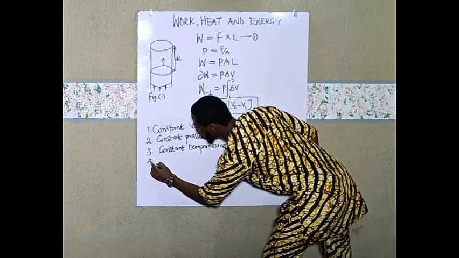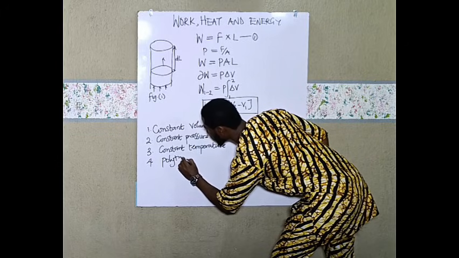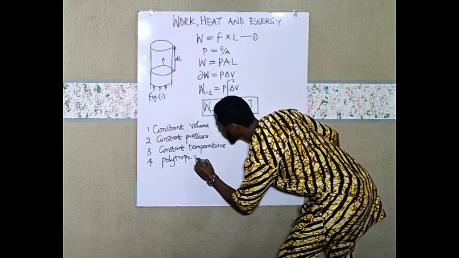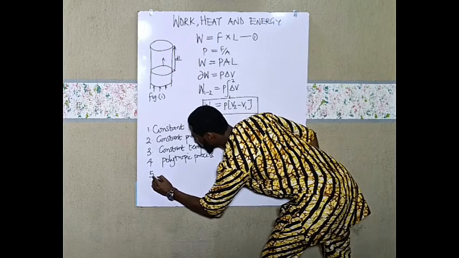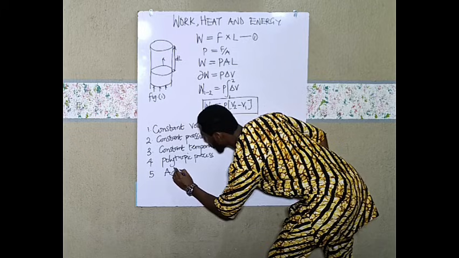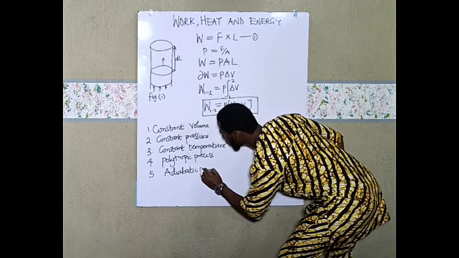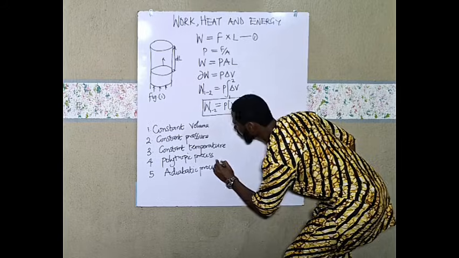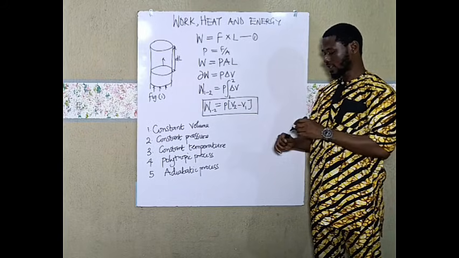The fourth one, the polytropic process. And the fifth one is the adiabatic process. So we are going to look at the work done in these 5 processes that I have just written on the board.